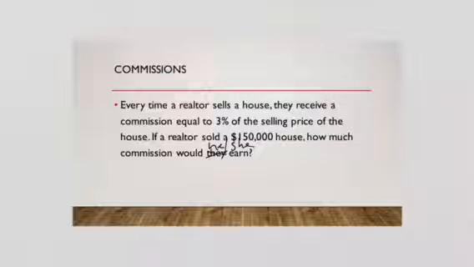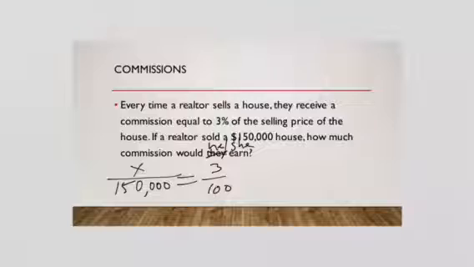So if they're making 3% commission, we know it's 3 out of 100 equals, the price of the house was $150,000, and we're trying to figure out X. So that would be 100x equals 450,000, and then we're going to divide it by 100.